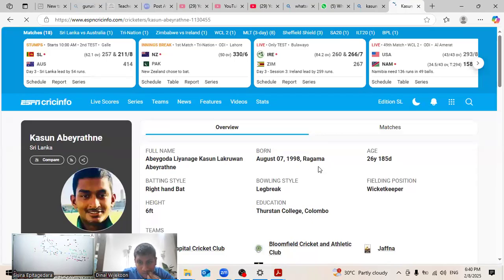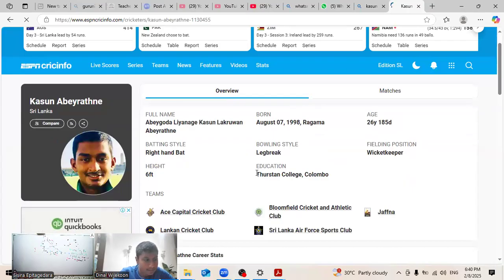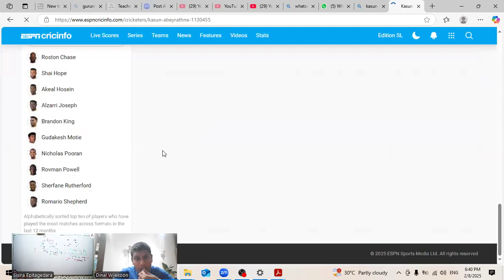Yes or no? Yes, sir. What is the name? Kasun Abhiratna. Lamai, he's a cricketer, Thurston College. He was cricket captain for 2 years in Thurston College.